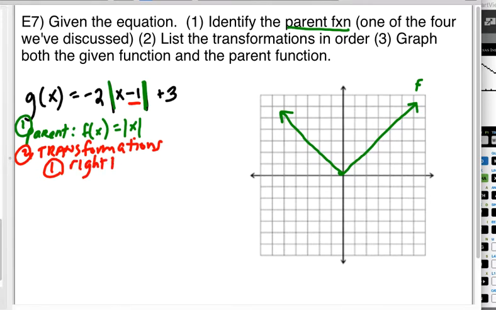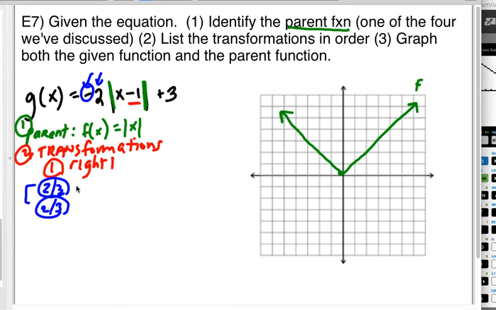Now, the second and third transformations are up for debate because there are 2 things happening here. There's a negative and there's a 2. It doesn't matter to me which one you call 2 and which one you call 3, so I'm going to write them as 2/3. This order doesn't matter because it really is just a matter of preference. I either flip it first and then vertically stretch by 2, or I vertically stretch by 2 and then flip it.